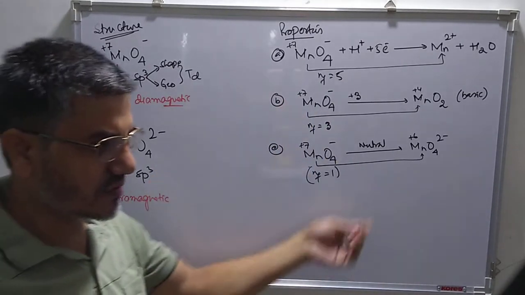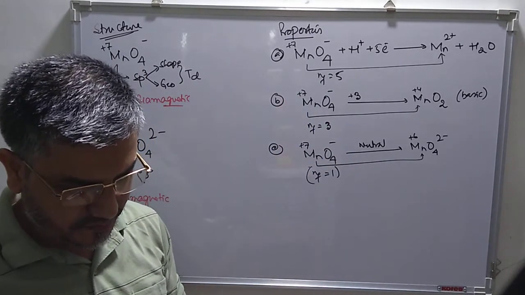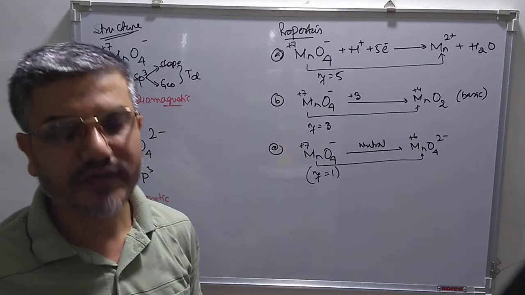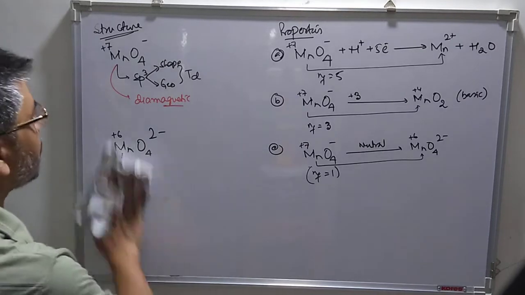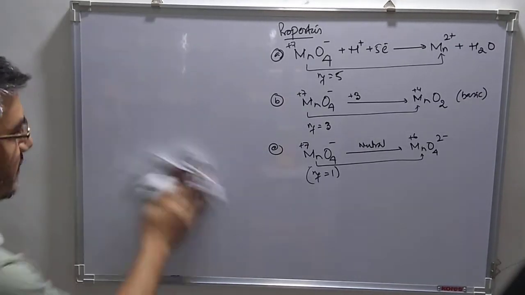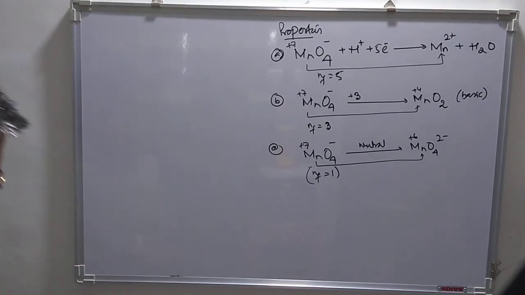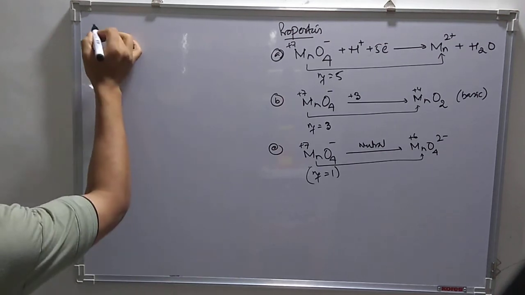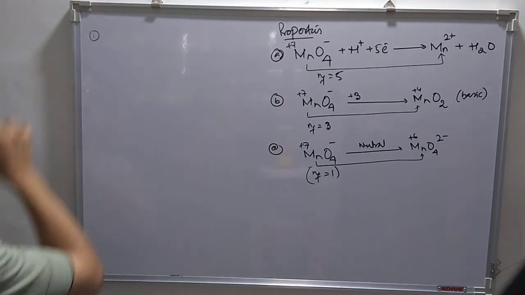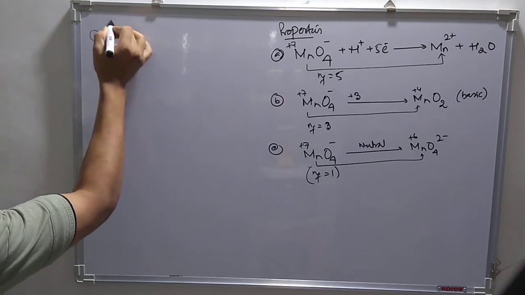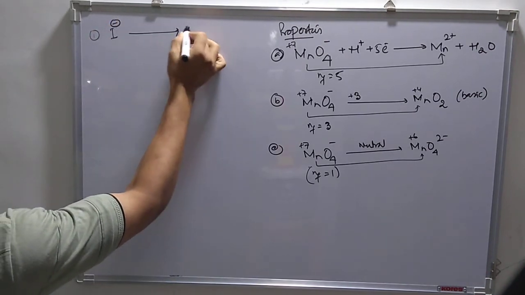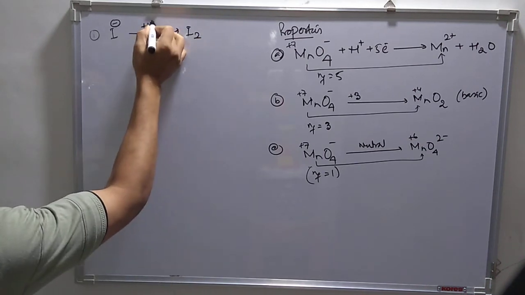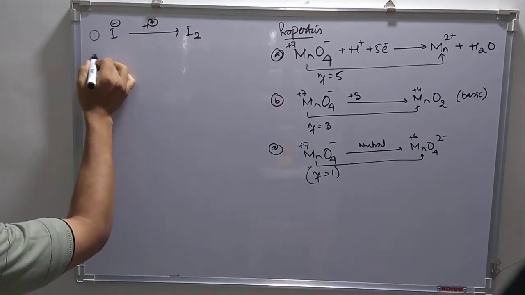So whether we have this or this, the main important property of potassium permanganate is as an oxidizing agent. It's a very strong oxidizing agent. Look at this: I minus can be oxidized to I2 in acidic medium.